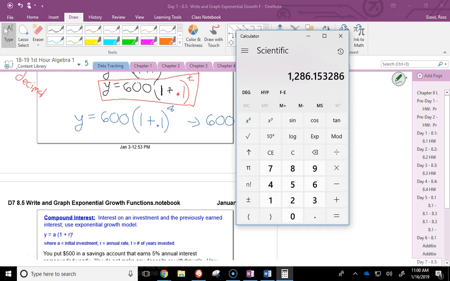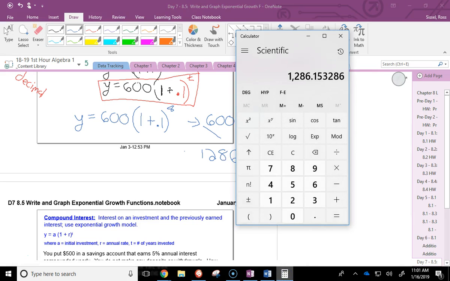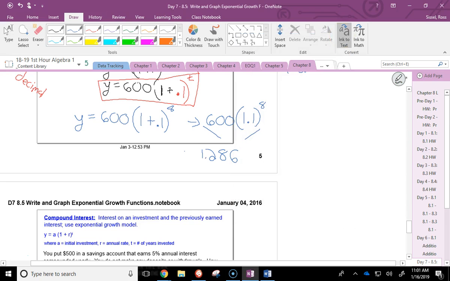I'm going to get roughly 1286. Can we have a 0.15 of a computer? No, so I'm just going to round it down. So I would say there's roughly 1,286 million computers.